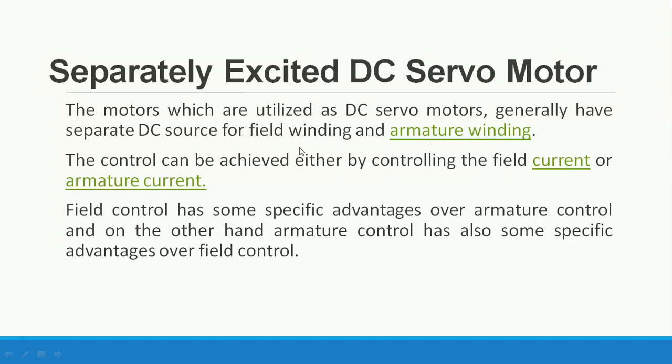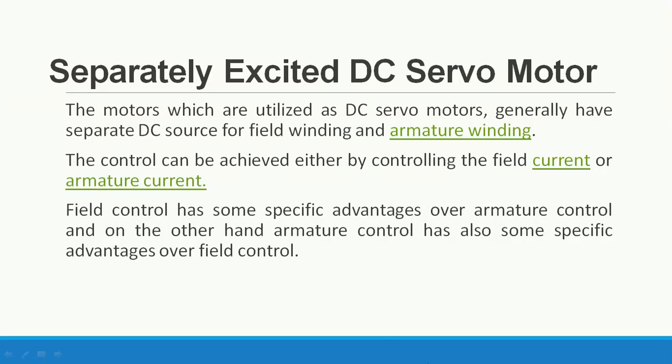There are 2 different windings, the field winding and the armature winding, so there will be two currents flowing in them. If the current is flowing in the field winding, it is called the field current, and if it is flowing in the armature winding, that is the second winding, it is called the armature current. So you can control the motor by controlling either of the two.